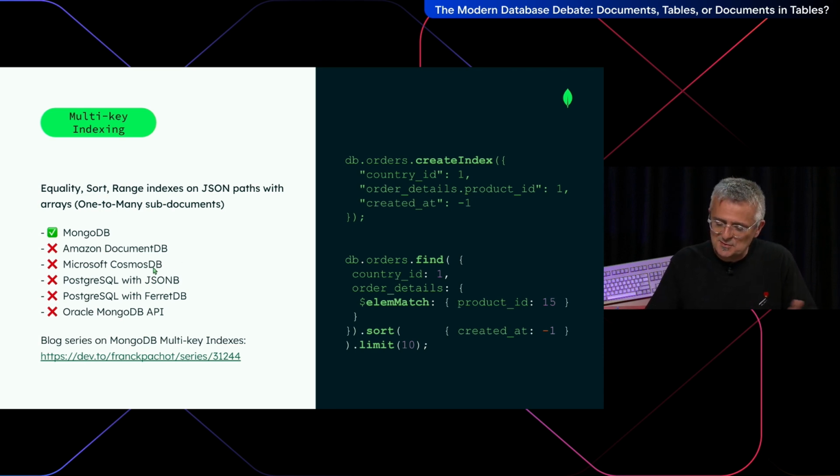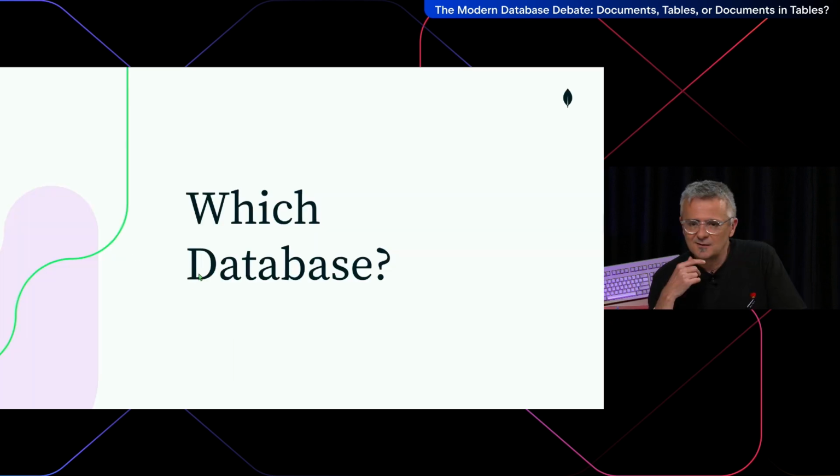Cosmos DB at Microsoft works also with an extension on Postgres. So you find a lot of compatible APIs in many databases, but I tested just this simple query. Can it use this index? And only MongoDB can use it, because in the storage, it is built for documents. Doesn't mean that you cannot use them, but be aware you don't have the same indexing possibility. So maybe you can start with them and move when you have some performance reason to do better.